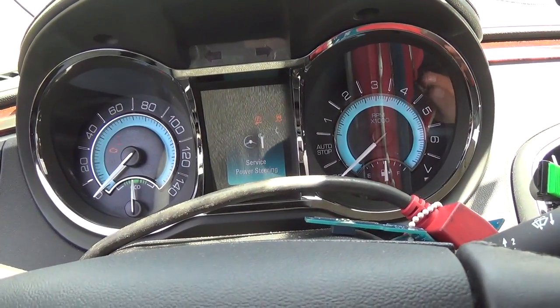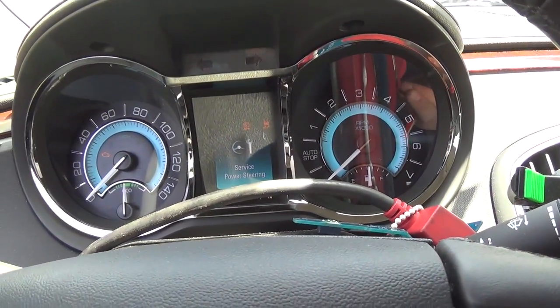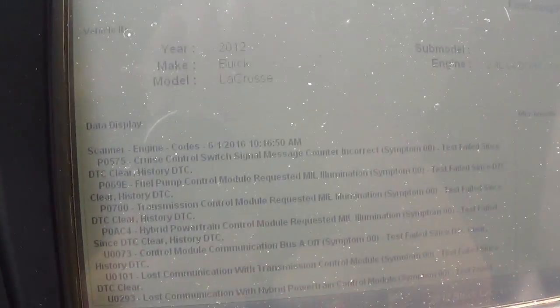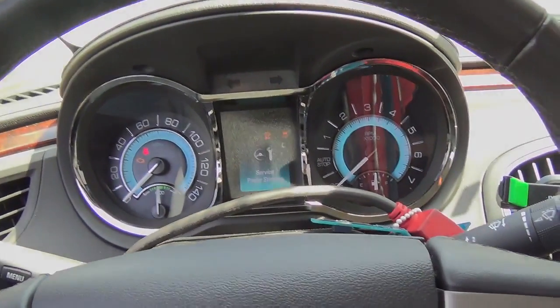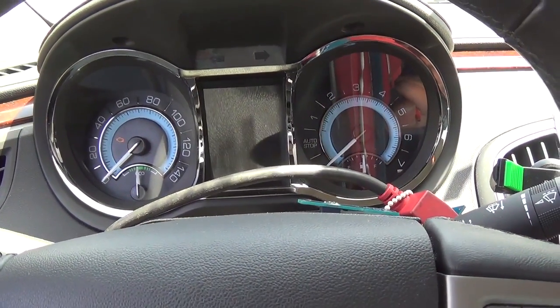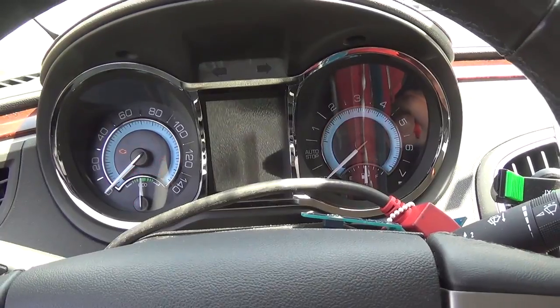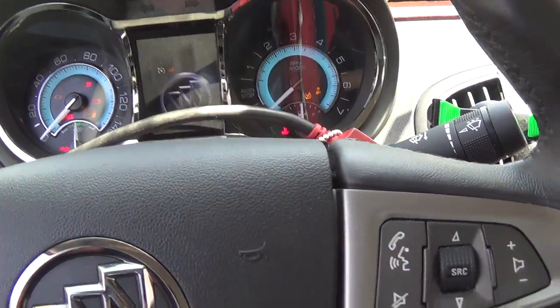Service power steering, lights. I think basically anything on this CAN network. So we have a list of codes saved here. Let's attack them. Well, good thing we made it back to the shop, because now it is a complete no start. Key in the crank position, got nothing.